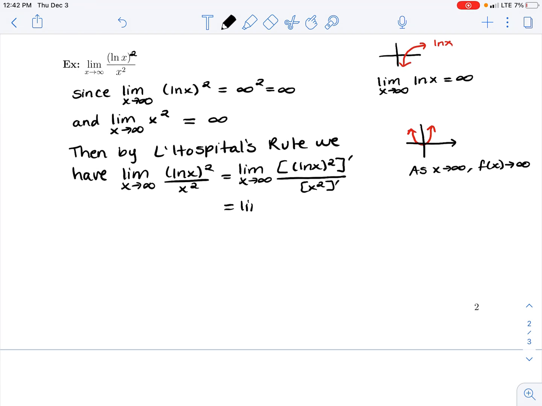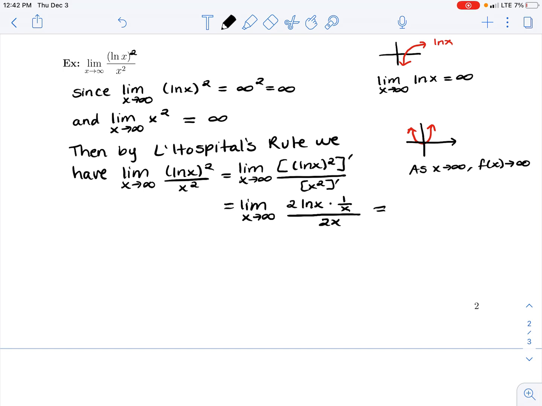And so this just gives us the derivative of parentheses to a power is bring down the power, copy the parentheses to the power minus 1, which would be 1, times the derivative of the parentheses. And then this is over 2x.